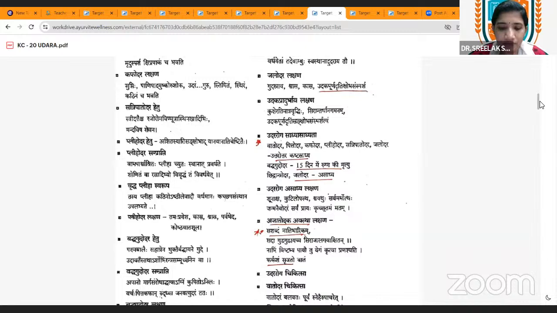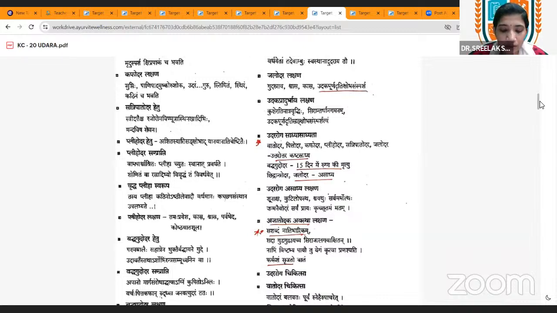And the 4 stages of Jalodara are, first, Vatodaka Udaram. In this stage, the abdomen is filled with air, Vayu. And next is Picchotpatti Udara or Jalajanma Purvarupa.